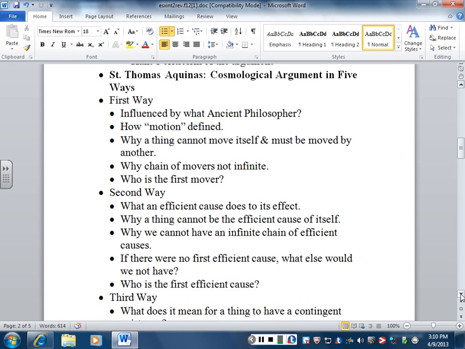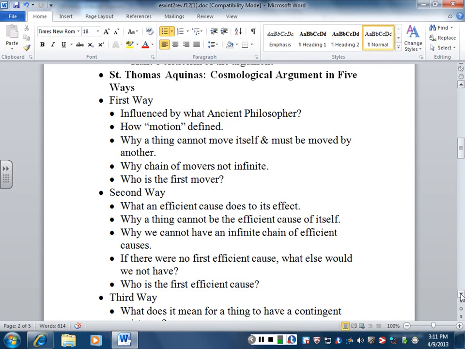So he says a thing doesn't move itself, so it has to be moved by some other cause. But now, here, what he's envisioning is a chain of causes going back, you know, to the beginning of things.